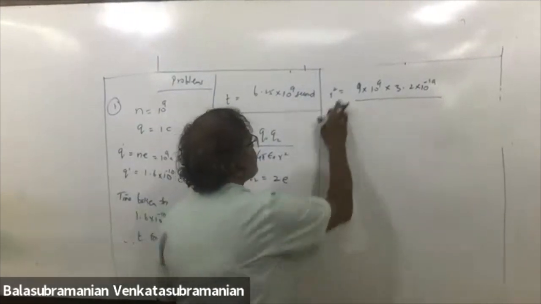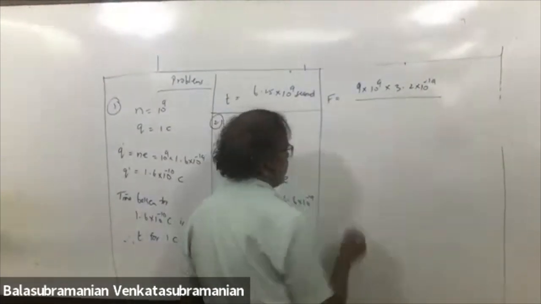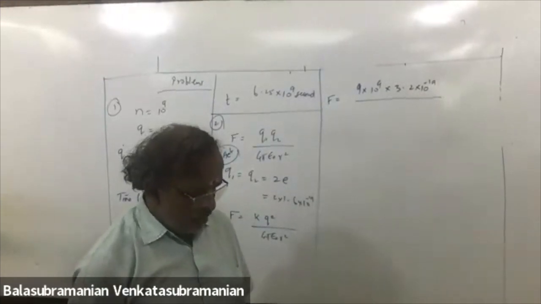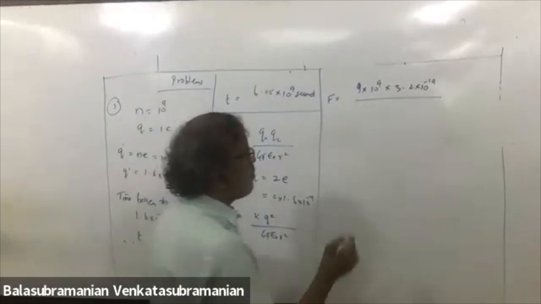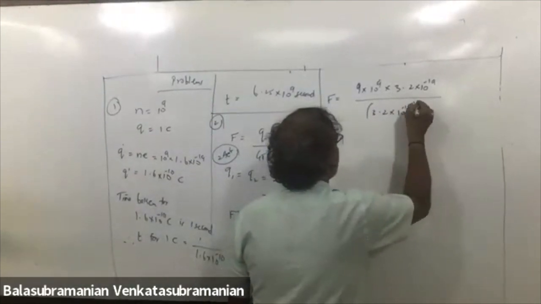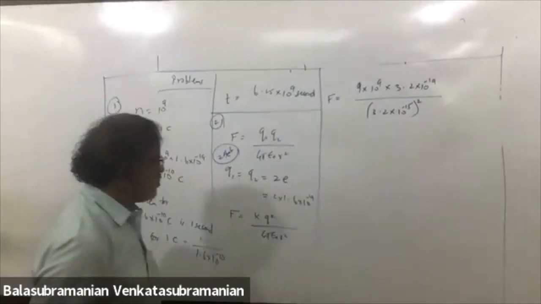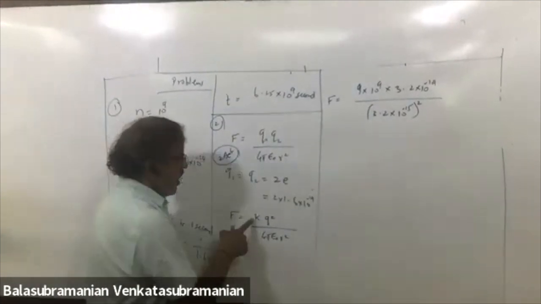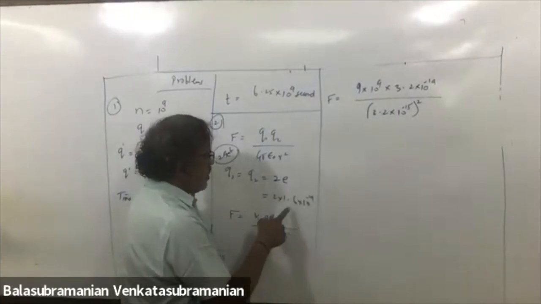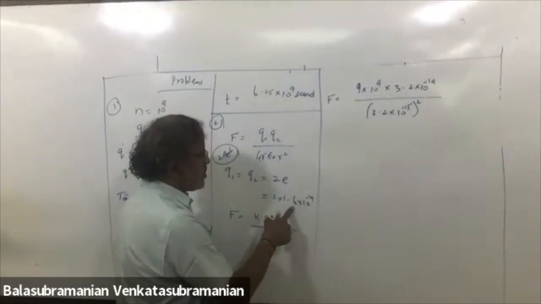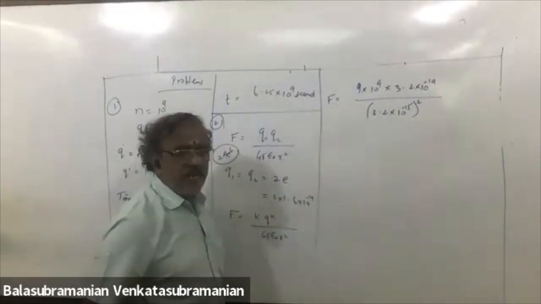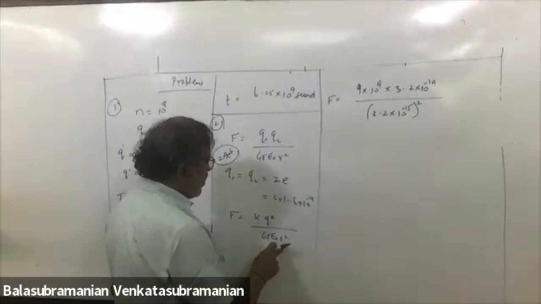So only force is asked here. Distance is 3.2 into 10 power minus 15 meter, the whole square. K is 9 into 10 power 9. Q square is 2 into 1.6, that is 3.2 into 10 power minus 19, divided by R square.